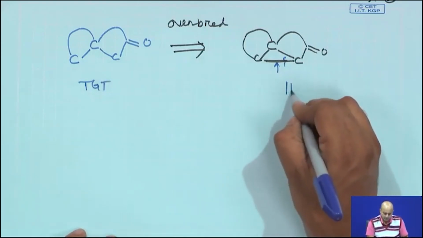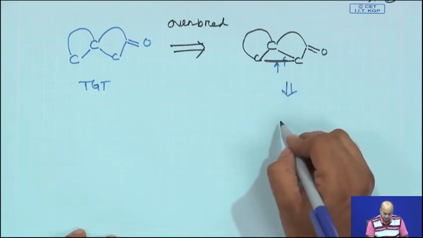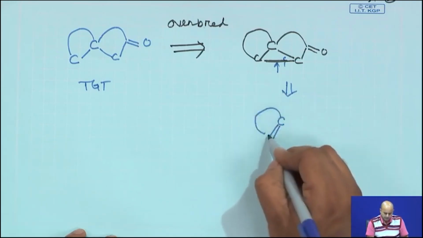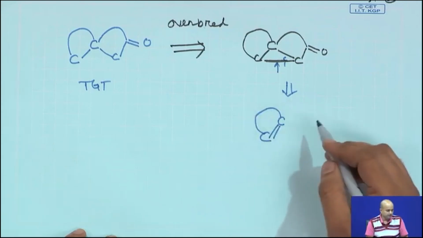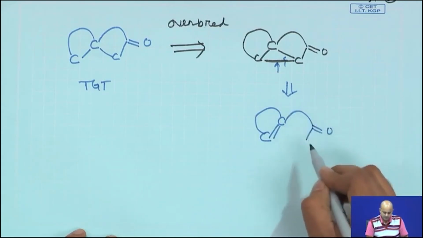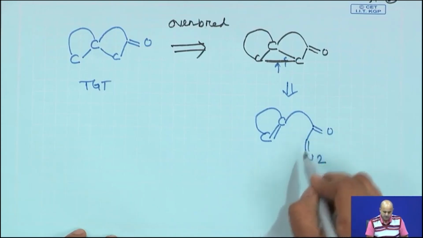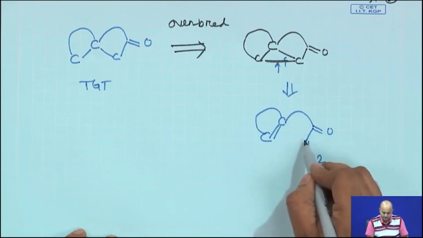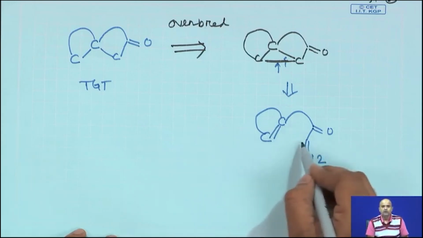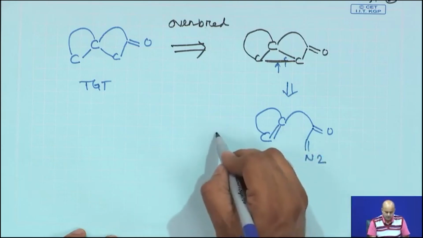Now, how can you get this acyclic compound? You do this 2+1 acyl diazo cycloaddition, which will give you this kind of intermediate. So, you can generate an acyl carbene here, and then it will undergo the 2+1 cycloaddition.